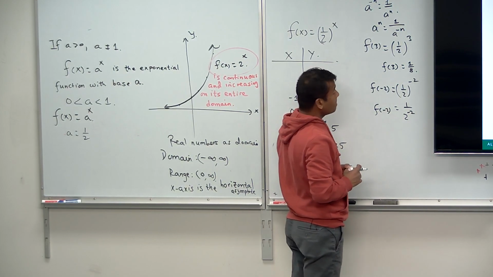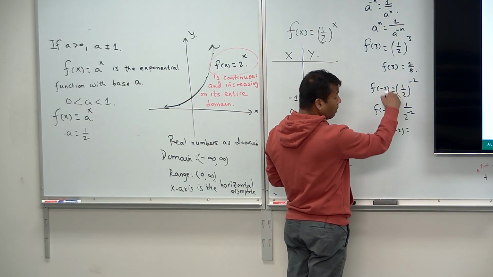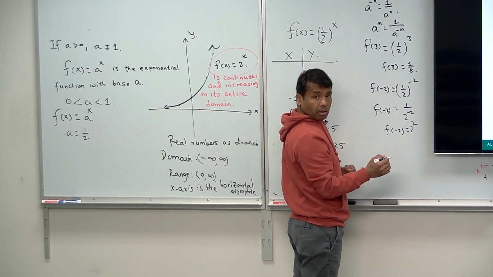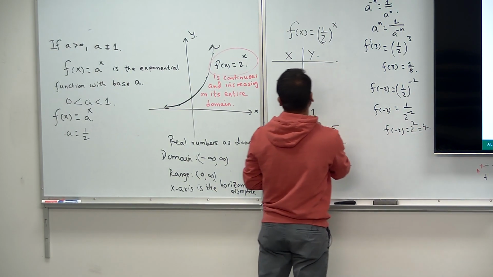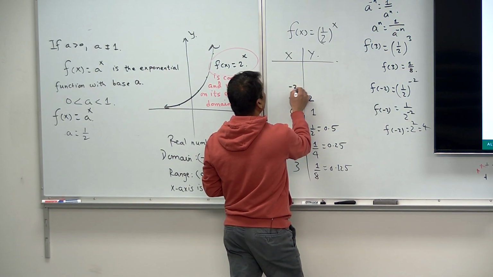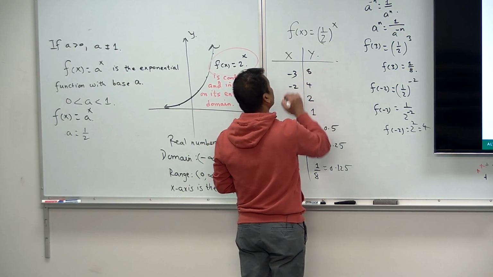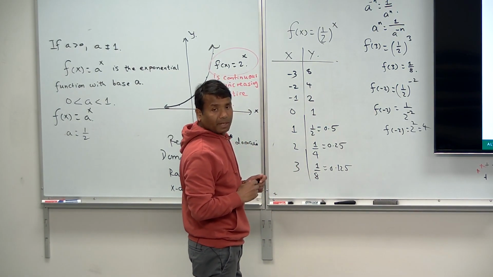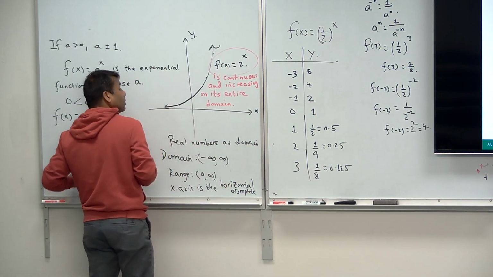When you bring it up, it will be 2 to the power 2, so that will be 4. If you plug in -3, it will be 8. Make sense?